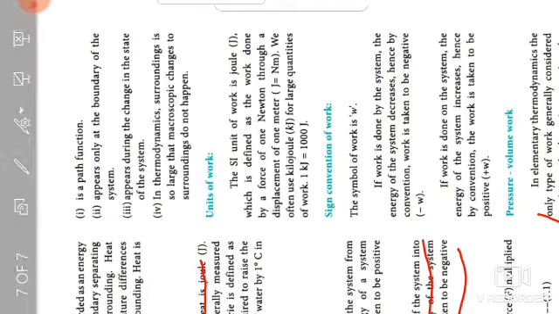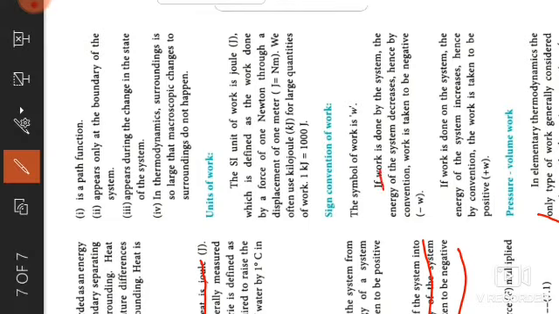Here also, work done by the system means minus value, work on the system means plus W. Work done by the system is minus W. Work on the system is plus W. The same way, heat absorbed by the system is plus Q. Heat flowing out of the system is called minus Q, plus Q and minus Q.